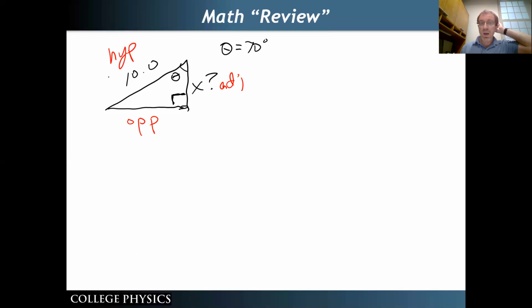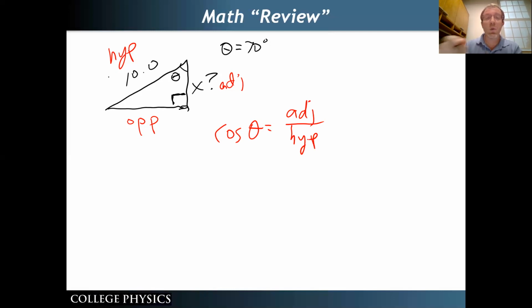All right, I think through my mnemonic again. I know theta, I know the hypotenuse, I want to know adjacent. So, SOH CAH TOA: cosine of theta is equal to adjacent over hypotenuse. Cosine of 70 degrees is equal to x over 10.0.